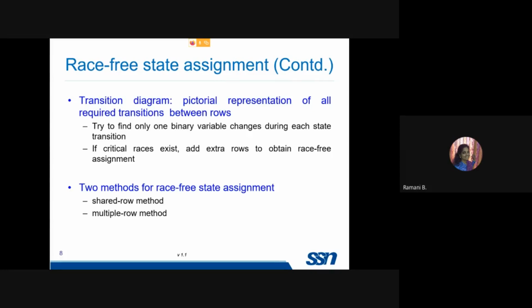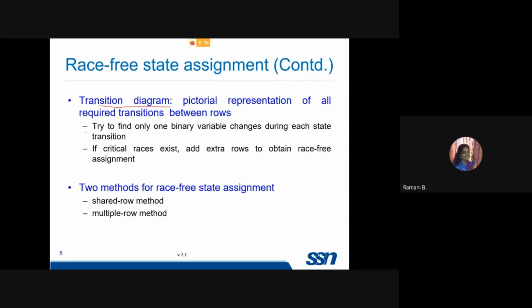So here, before doing this race-free state assignment, we will come across the term transition diagram. So what is this transition diagram? It is a pictorial representation of all required transitions between rows. So from which state to which state it is going, all those things we mark in a pictorial representation. That we call the transition diagram.